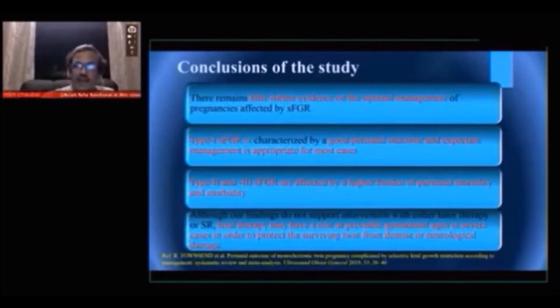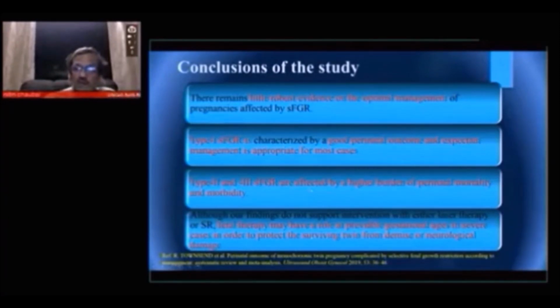So at the end of this particular study, they say that there is little robust evidence of optimal management. So as of today, we don't know what is right and what is wrong. But type 1 has good parental outcome and expected management is appropriate for most of the cases. Type 2, type 3 are affected by a higher burden of parental mortality and morbidity.